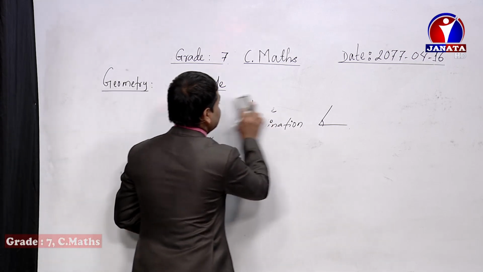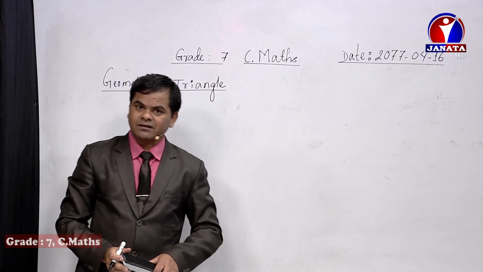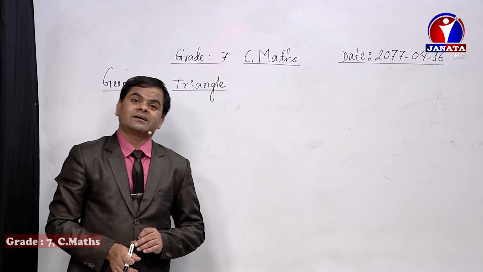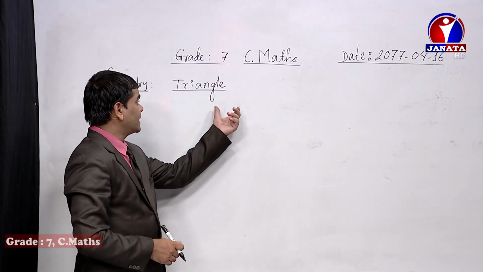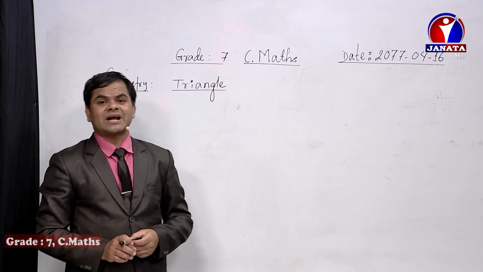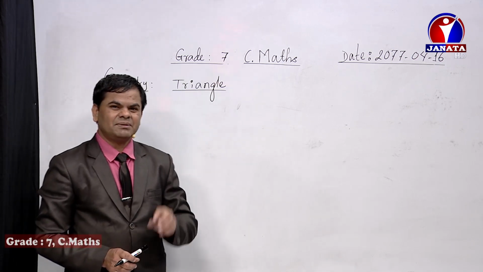And dear student, it has different types. There are generally four types of triangle, and others evolved from those four. There are other types of triangle also, later on we can focus on them. But if we talk about the triangle in class 6 also, in class 5 also, somehow you have got the basic knowledge.